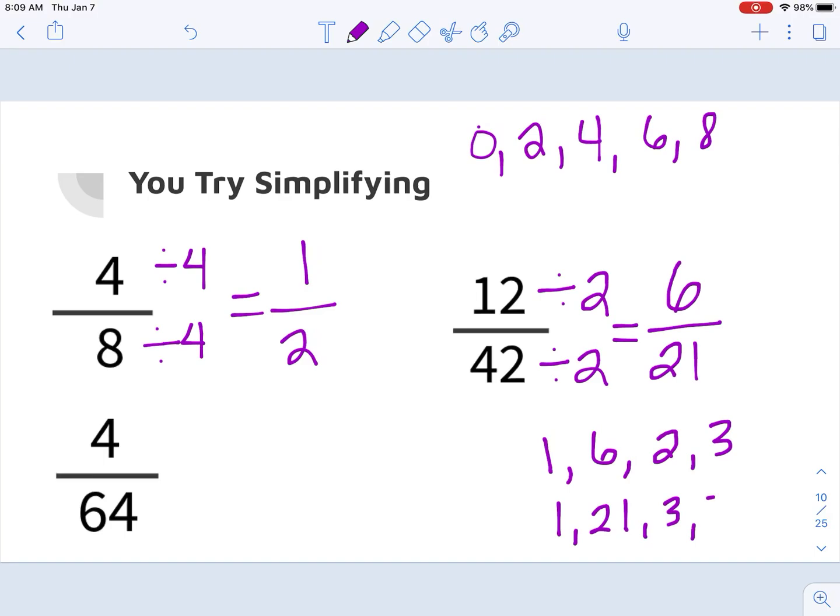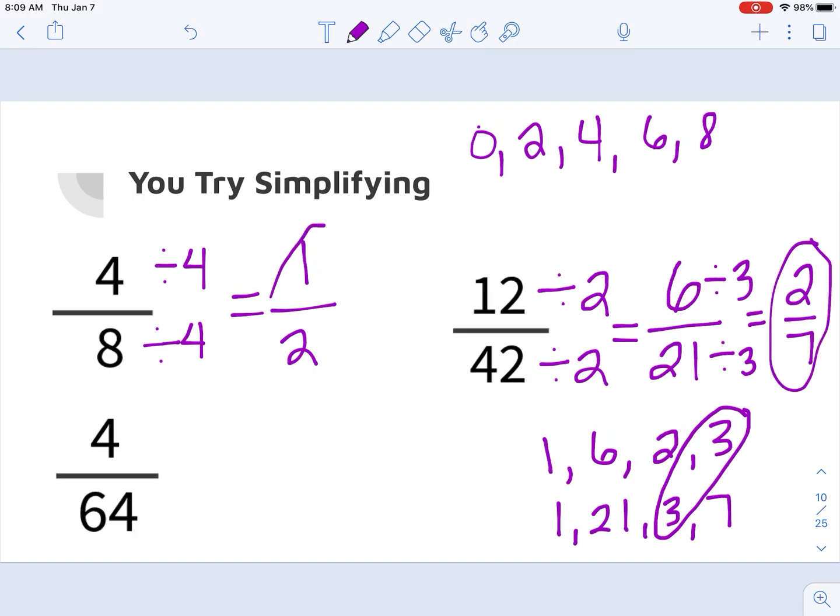And 3 times 7 makes 21. So the greatest common factor, they both have a 3. So I'm going to divide the top and the bottom by 3. And I get 2 sevenths. I'm putting that in simpler terms.